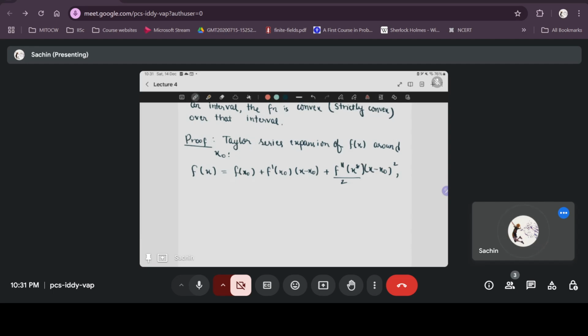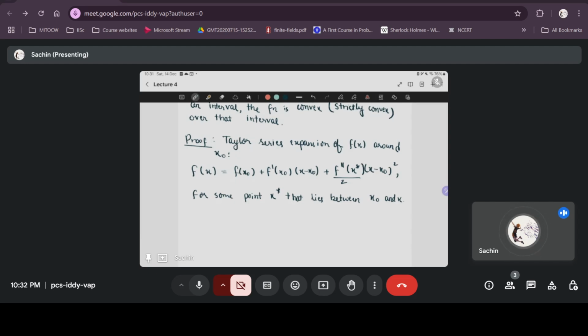by 2 for some point x star that lies between x0 and x. So the Taylor series expansion will be exact if you keep taking the derivative and keep on expanding.